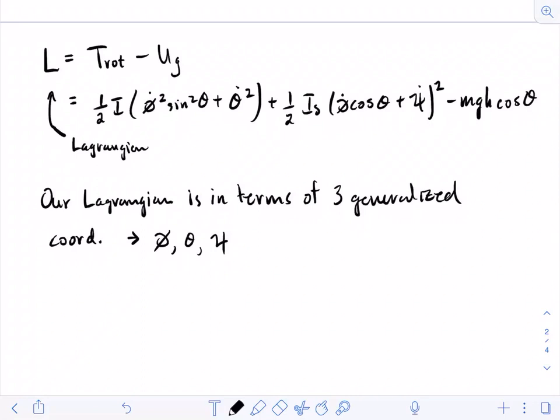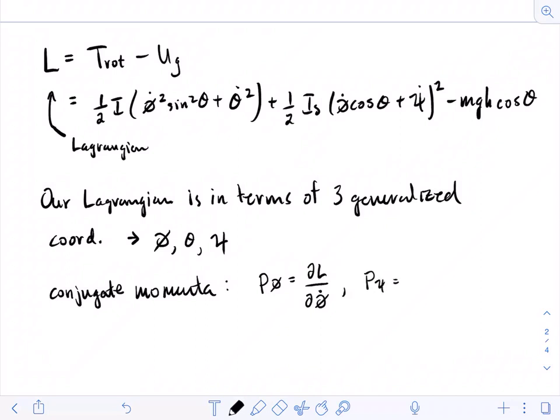So the conjugate momenta are, so we would have a p phi would be dL/d phi dot, and p psi would be dL/d psi dot, and we'd also have a p theta, which would be dL/d theta dot.